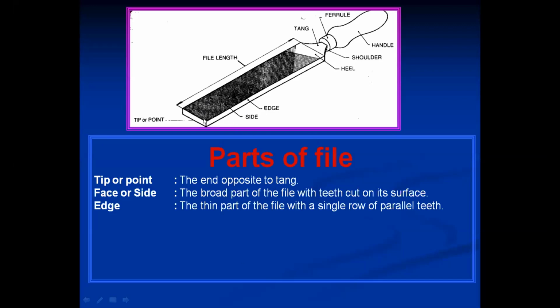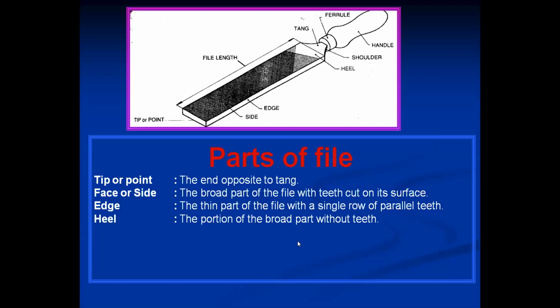On the surface or this side, there is a double cut, two rows of teeth, but on the edge there is only one row. The teeth are parallel to each other. So this part is called the edge.